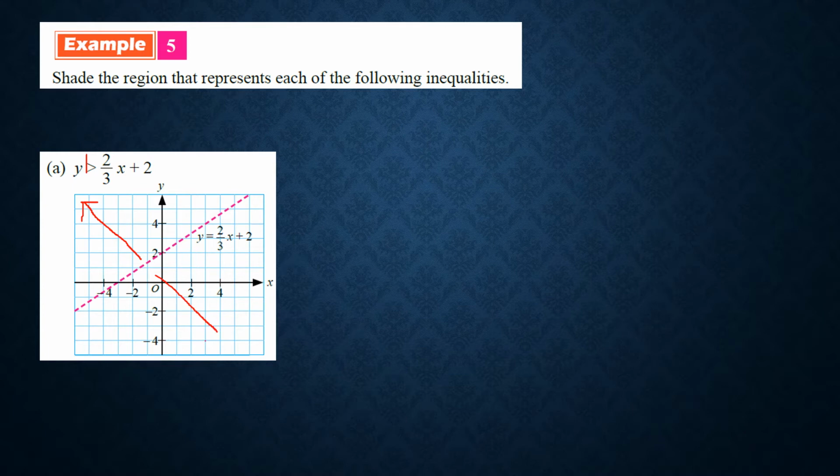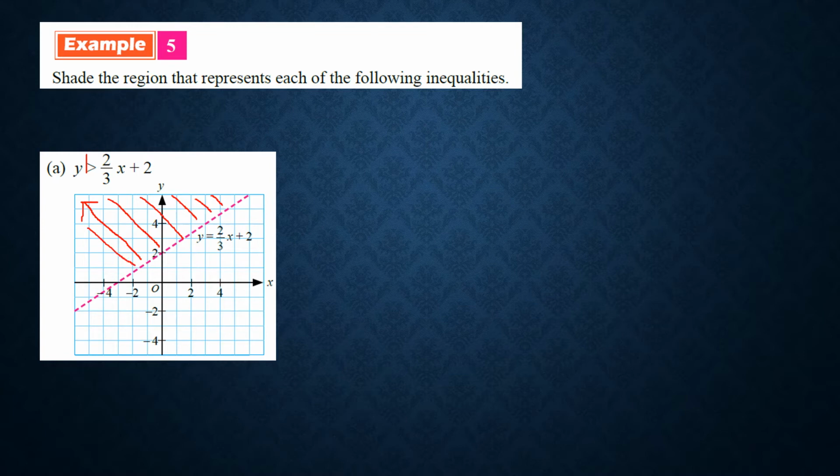If go down means less. This is greater, so you shade the upper part, bahagian atas.